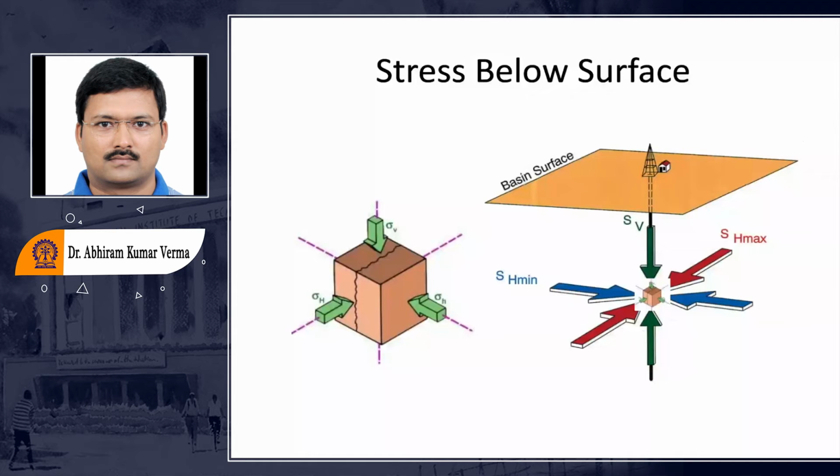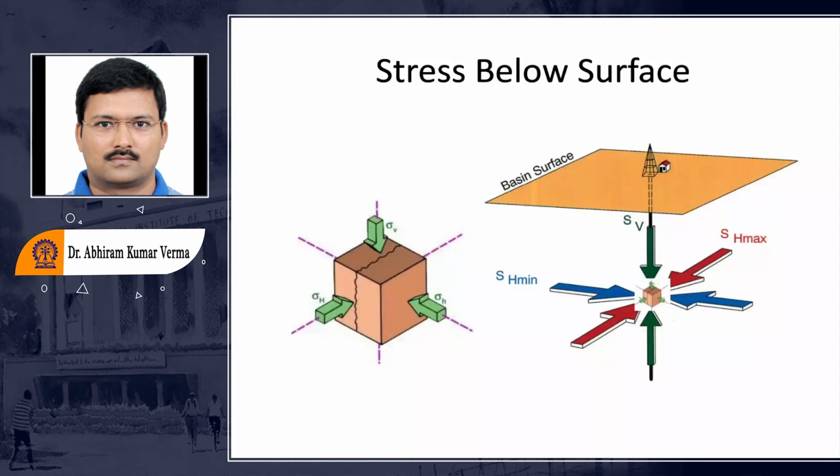How can we find these in situ stresses? We have a topic on determining the in situ stresses. Methods have been defined, and people have instrumented the surface of the earth to find out what type of stresses are there at a particular point, and they have got a very good trend. People are trying to find out the reasons for the formation of these stresses, and the relationship between each of them.